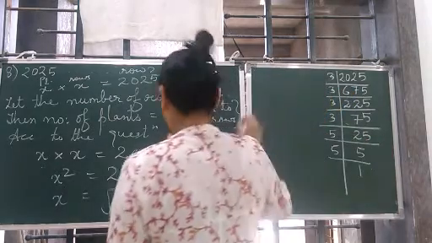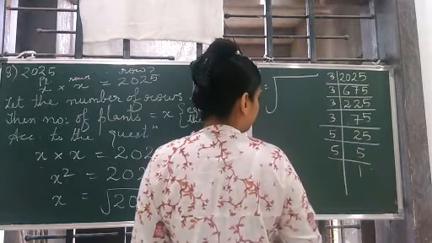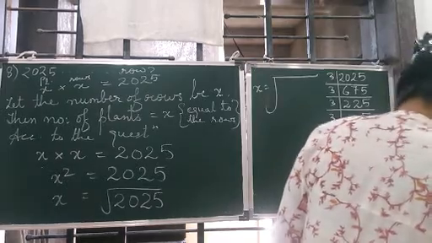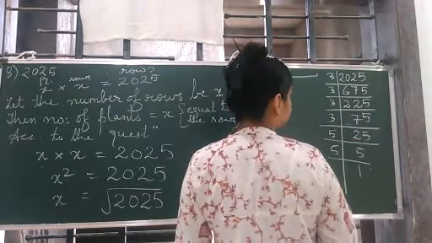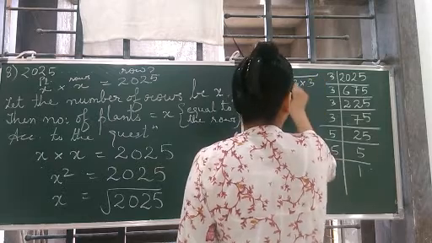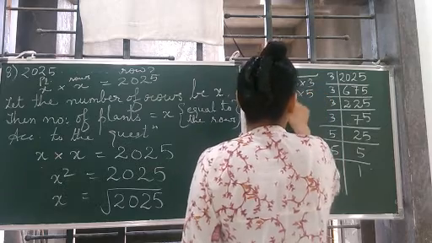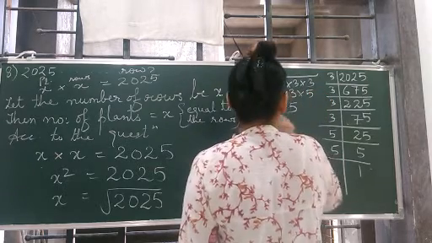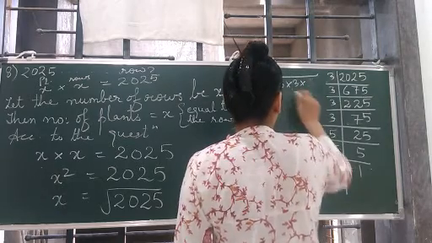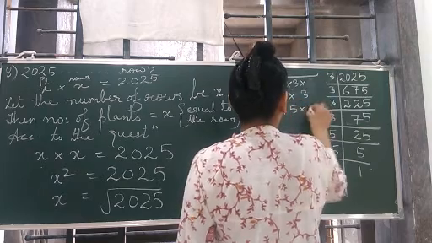So here, x is equal to under root 3 into 3 into 3 into 3 into 5 into 5.